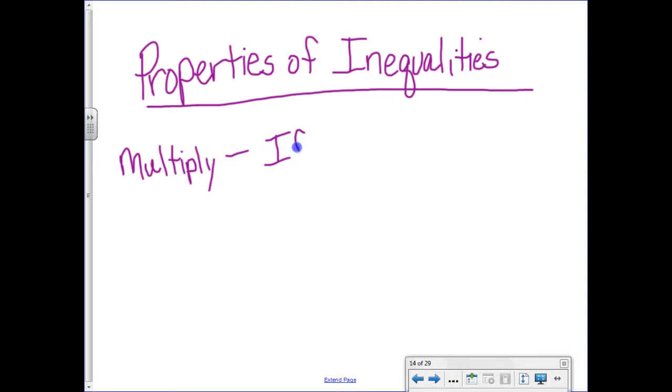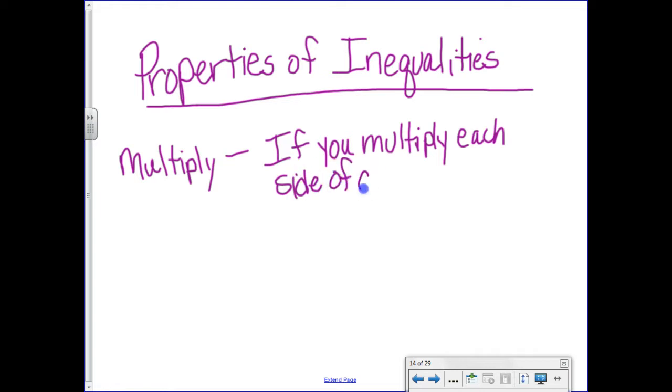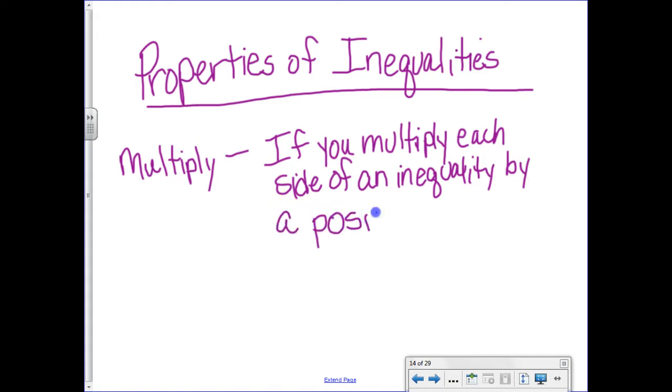If you multiply each side of an inequality by a positive value, the inequality remains true.